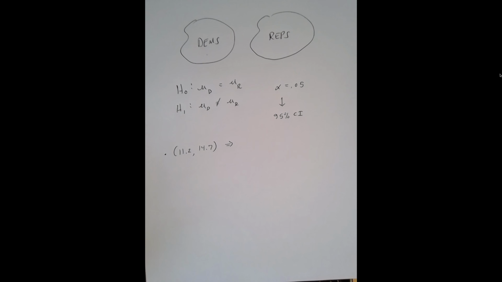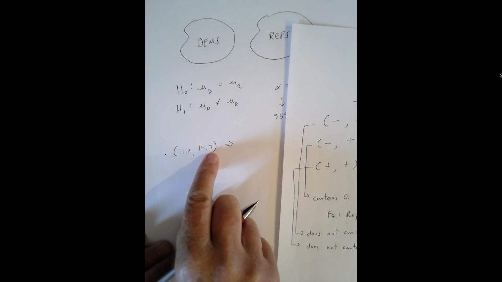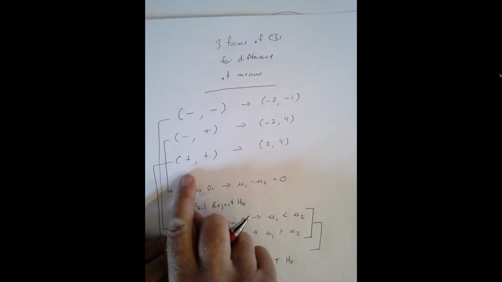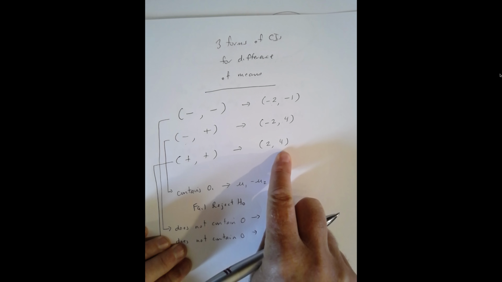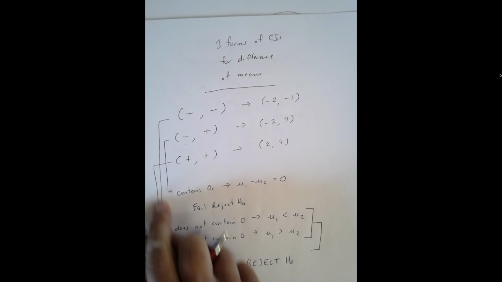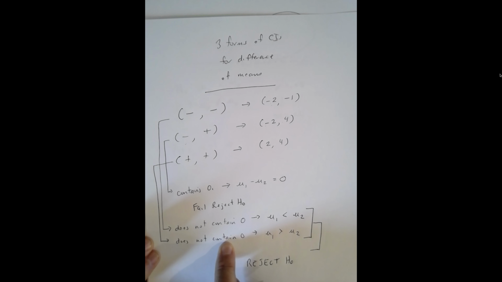Well, I go back to my handy dandy chart. This is a positive number, that's a positive number. Positive indicates that what? Doesn't contain 0.